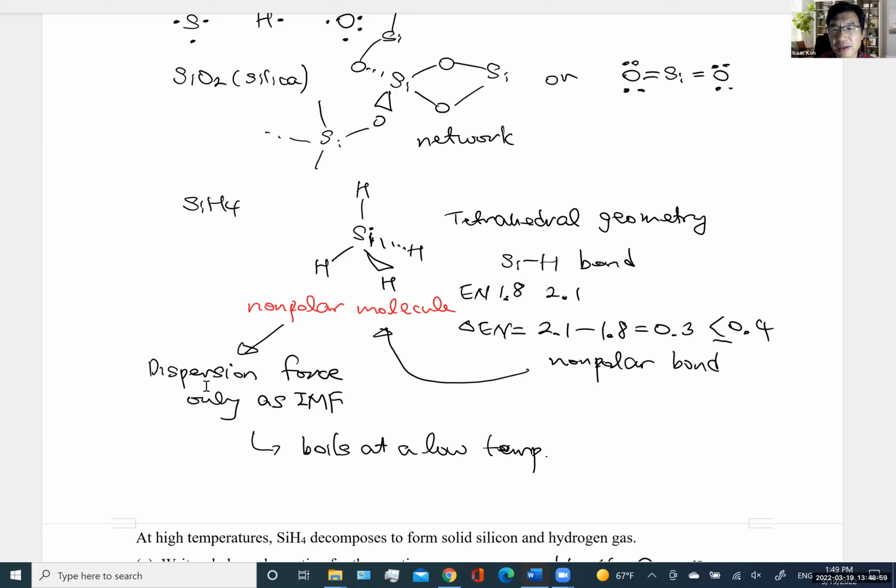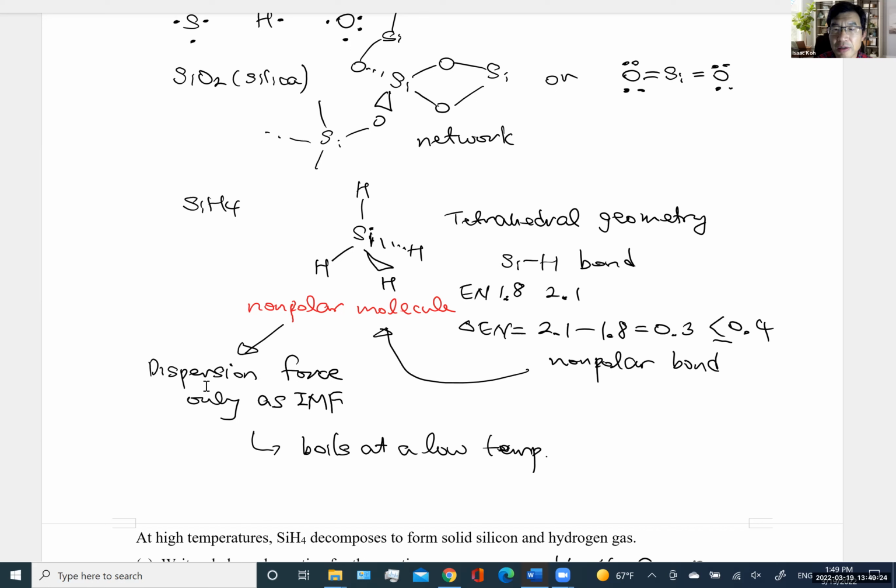Silicon is a metalloid, so its electronegativity value is less than those of the nonmetals. Hydrogen has the smallest electronegativity value among the nonmetals, but still higher than the electronegativity of silicon. So let's calculate the difference, 2.1 of hydrogen minus 1.8, which is 0.3.